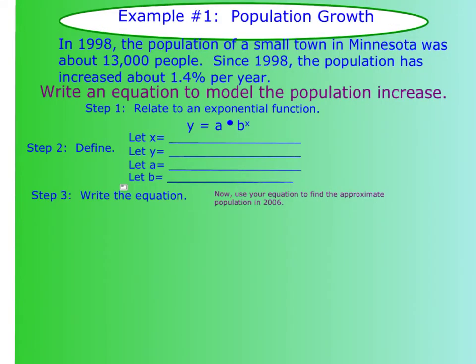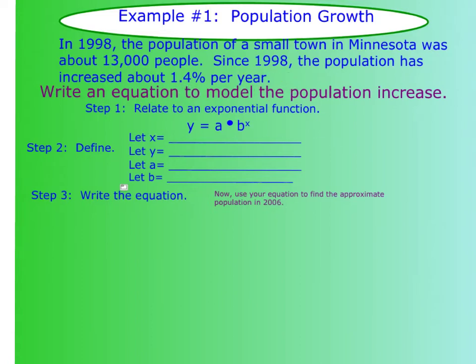There will be a lot of word questions in your assignment for this, so let's practice a couple. In 1998, the population of a small town in Minnesota was about 13,000 people. Since 1998, that population has increased, okay, so we have growth, 1.4% each year.